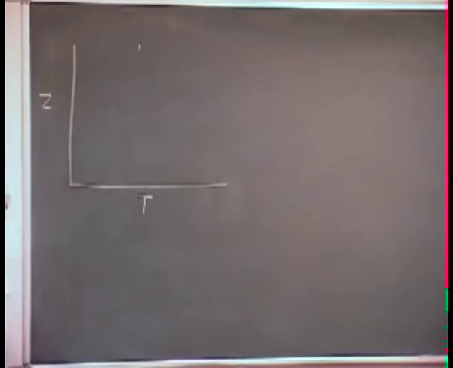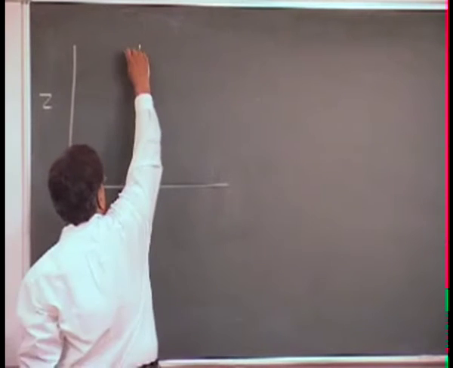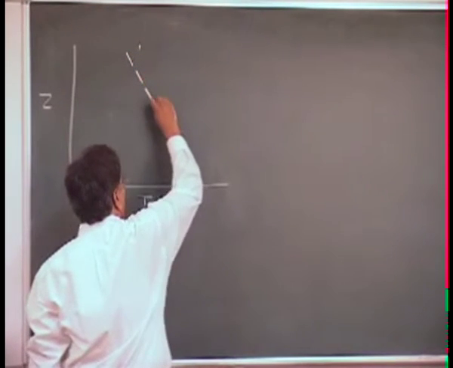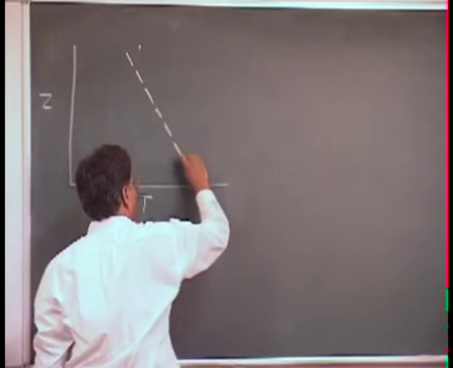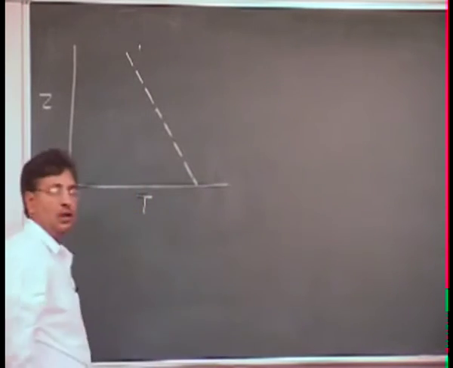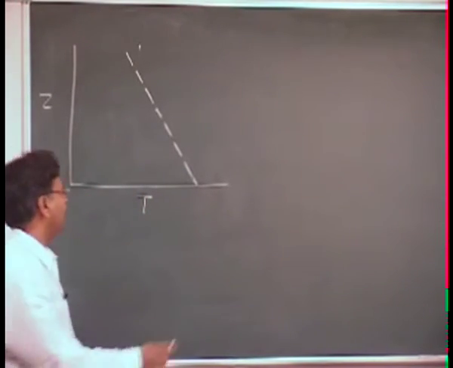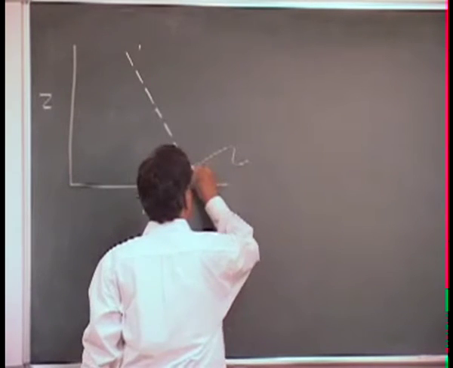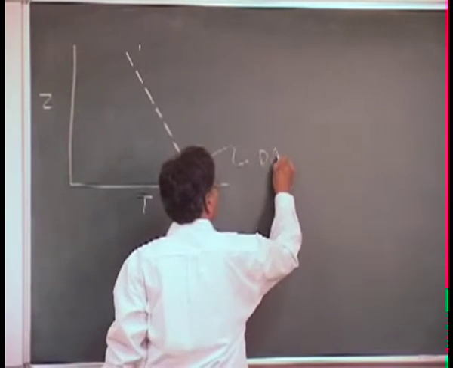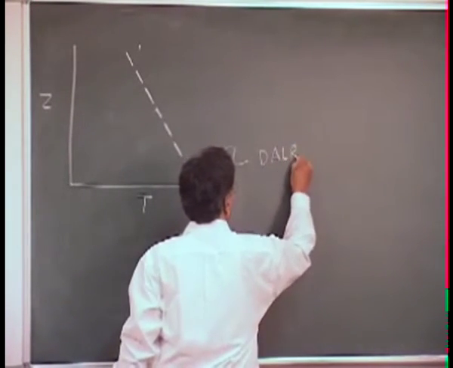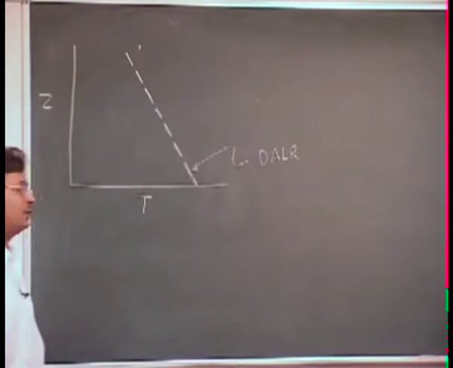As a matter of convention, I'll always draw the DALR as a dashed line. So whenever you see a dashed line, it means we are talking about this situation.